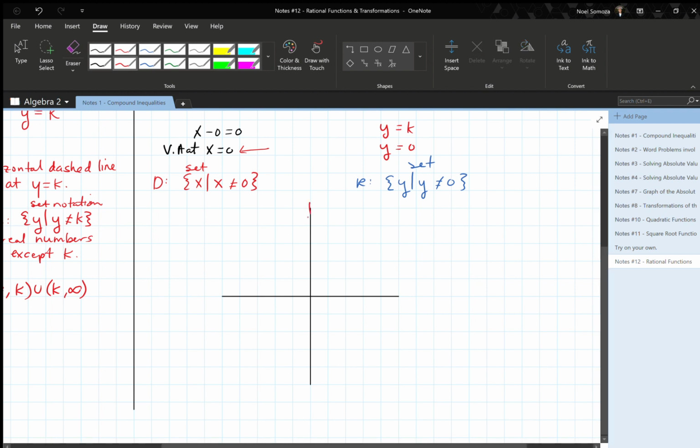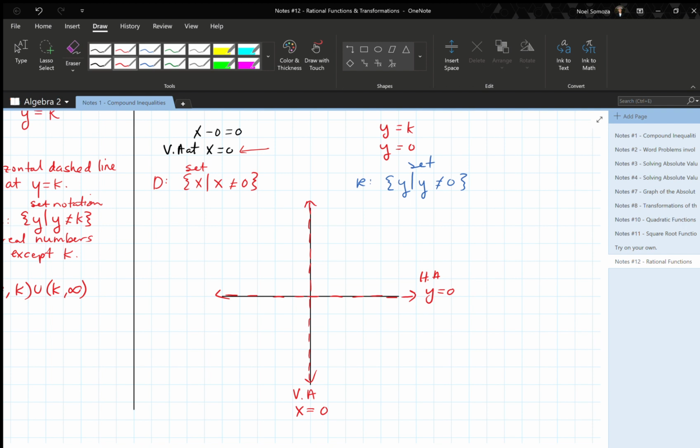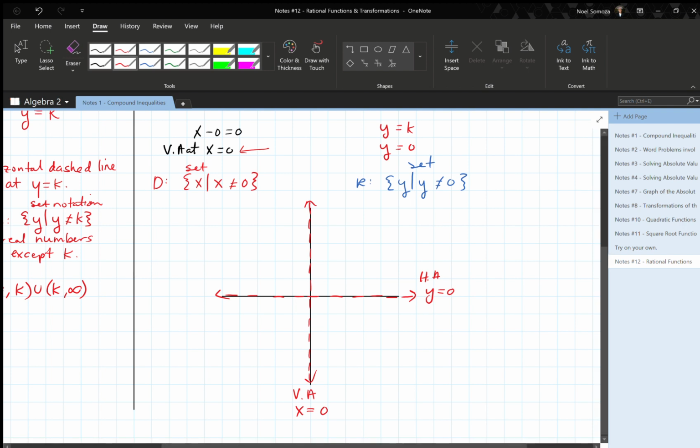Starting here, when x is 0, that's a vertical line, and I can label this as VA, x equals 0 for vertical asymptote. And then going across here at y equals 0, there's my horizontal asymptote, y equals 0. So those are my boundaries. Those are the two lines that my graph will not be able to touch.